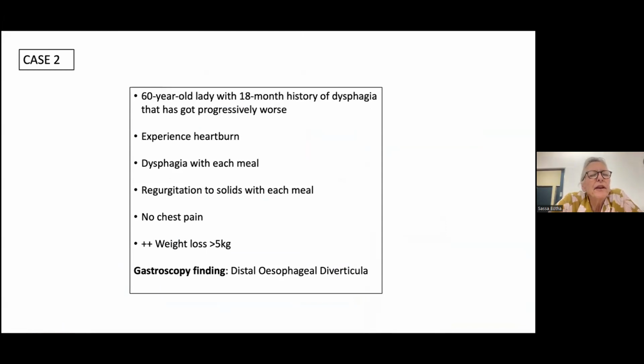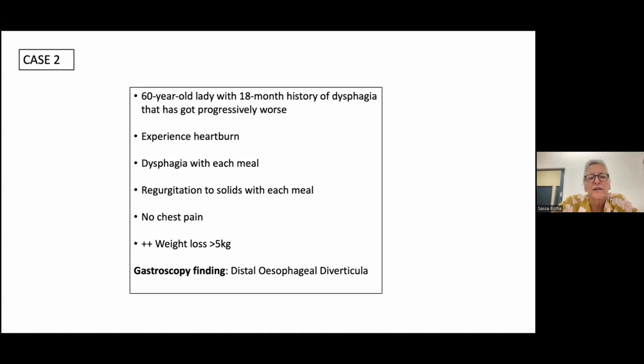And I just think with EOE, people tend to forget to ask about bolus obstruction. So if you get a young male, always remember to ask about bolus obstruction. Impaction, yeah.